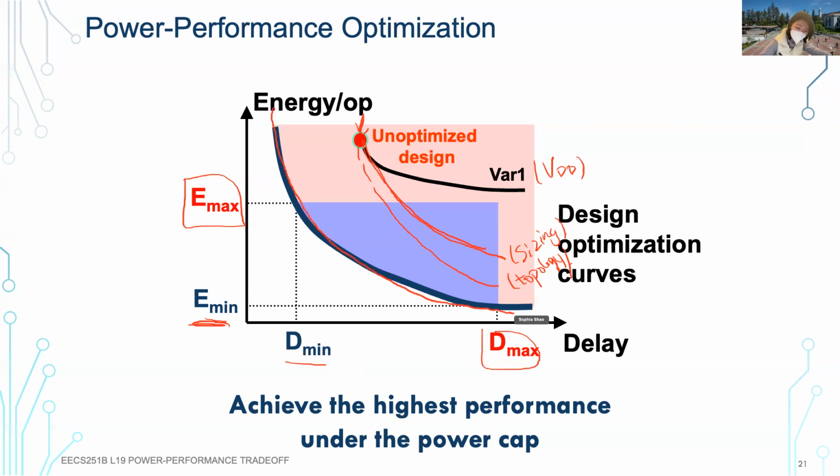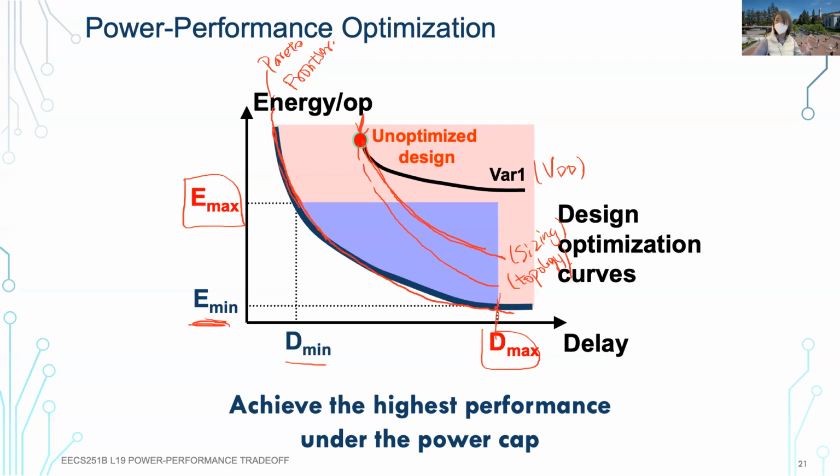We didn't talk too much about this curve. Typically people call it the Pareto frontier. This basically considers all the different design optimizations you can do. This is as much as you can push, the best you can push. Given a particular delay target, this is the fundamental intrinsic behavior of this circuit, the minimum delay and minimum energy it can assume.